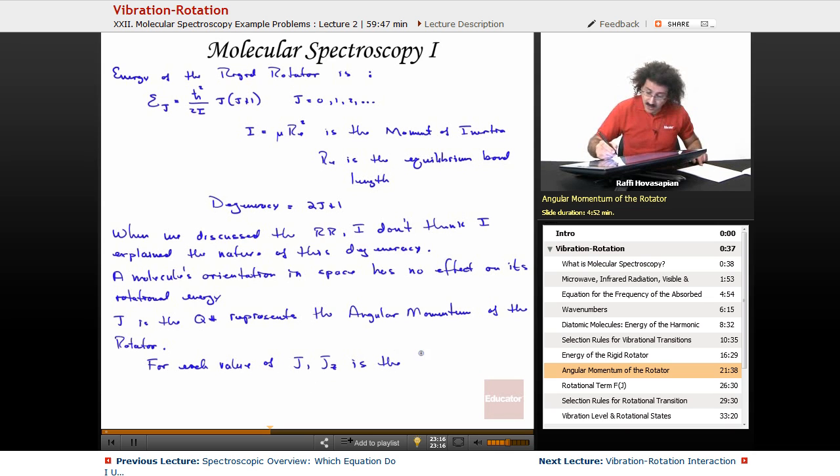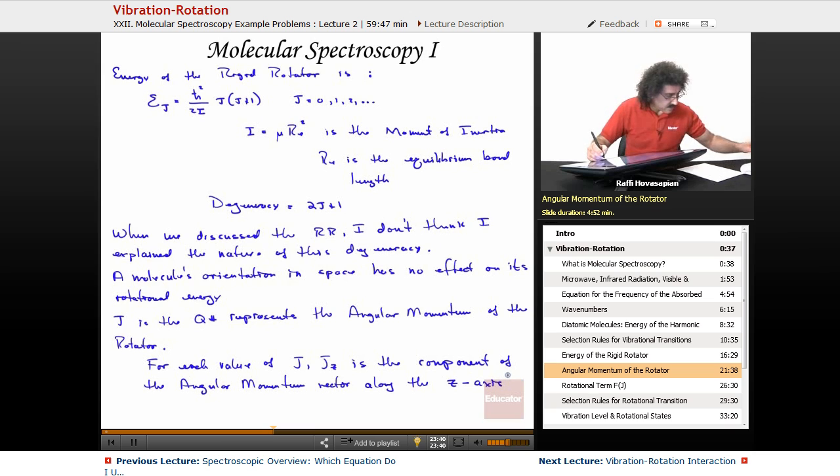Jz is the component of the angular momentum vector along the z-axis.